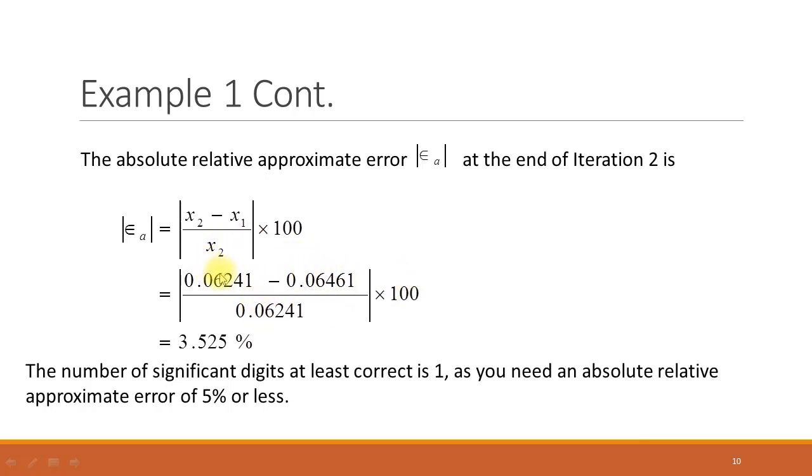Subtract this value from this value and then divide the result by 0.06241 and multiply by 100. We get the absolute relative approximate error as 3.525%. Now dear students, the number of significant digits at least correct here is 1, as you need an absolute relative approximate error of 5% or less.